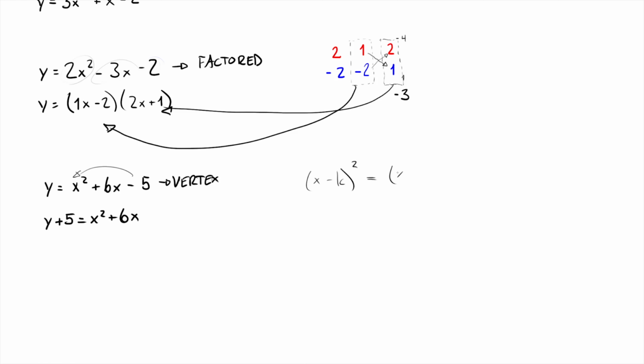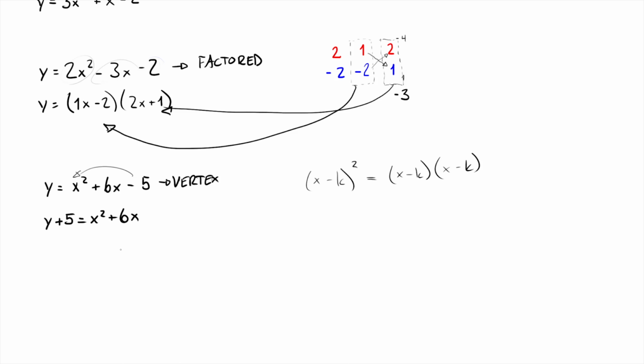This is the same as having x minus k times x minus k, and we need to somehow get x minus k to exist within this x squared plus 6x. So we need a perfect square, because x minus k times x minus k can be rewritten as x minus k squared, and that is called a perfect square.